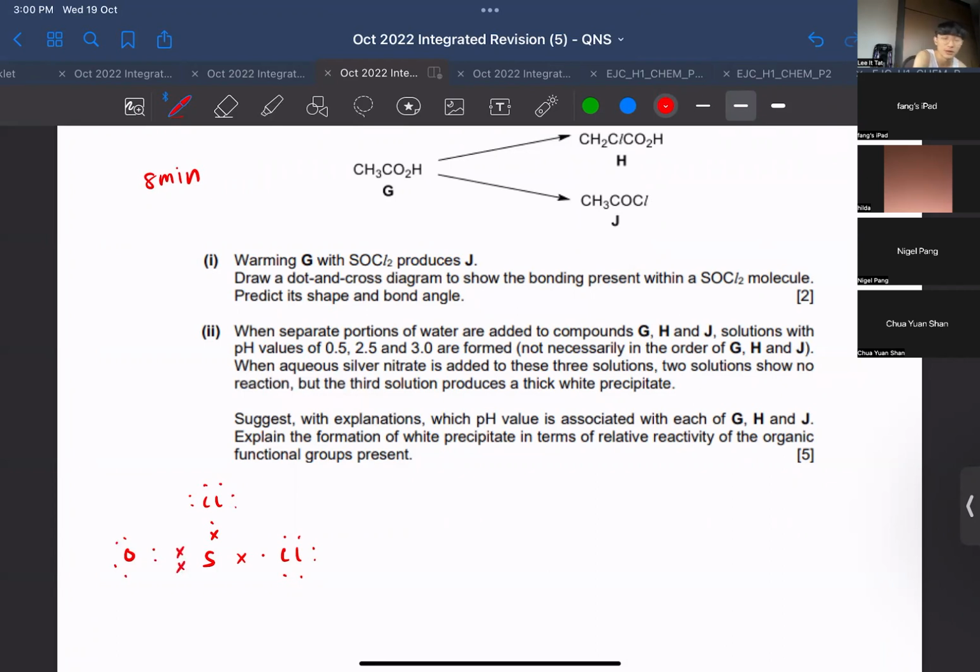The central atom sulfur must have 6 valence electrons, so you still have another 2 more. At the end of the day, you get something that looks like this: 3 bond pairs, 1 lone pair, trigonal pyramidal, 107 degrees. 1 mark for the shape and bond angle, and 1 mark for the structure. You must be able to secure this mark. Not difficult at all.